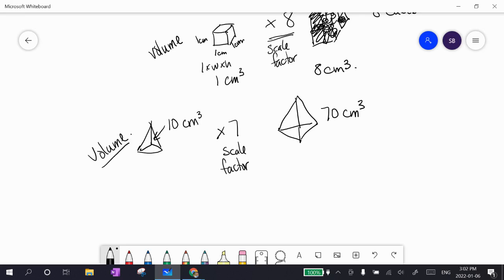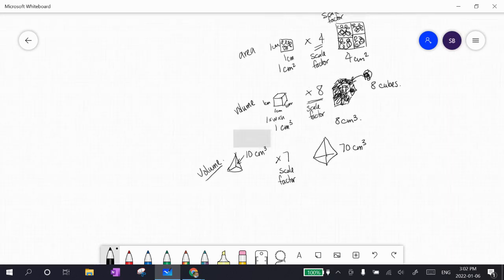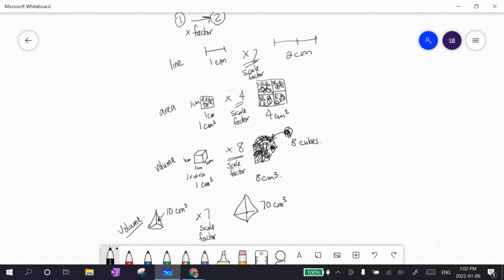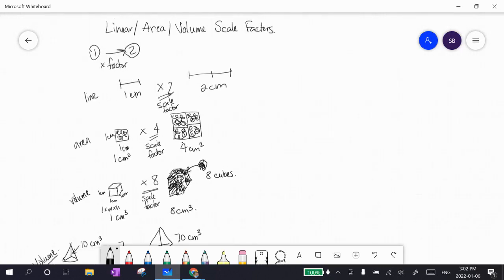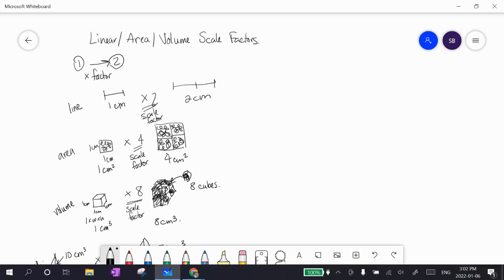How these are related is where it gets a little bit tricky for us. If I go 1 centimeter here, and I times it by 2, this is now a linear scale factor.